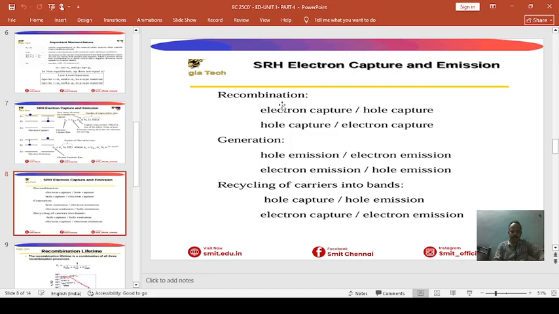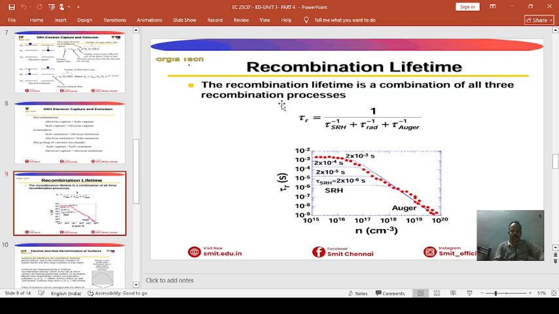The balance between generation and recombination determines the carrier concentration. This directly affects the device operation. For example, higher recombination reduces the current in solar cells. Therefore, controlling recombination is a very important one.